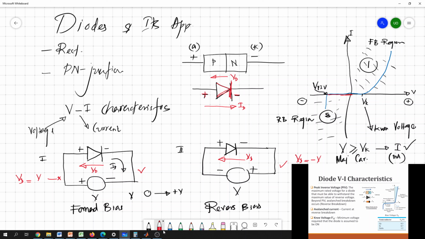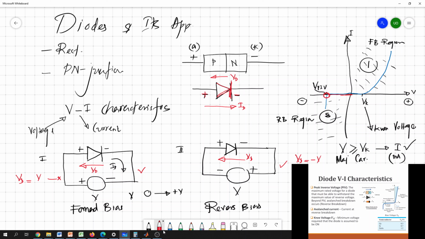The maximum reverse voltage which the diode can tolerate is defined as the peak inverse voltage. That's why the current just jumps to infinity.